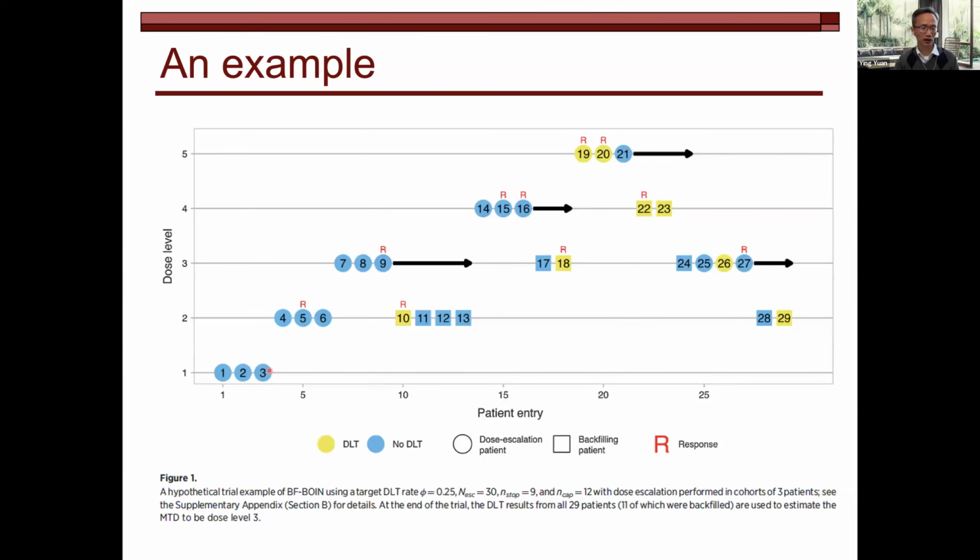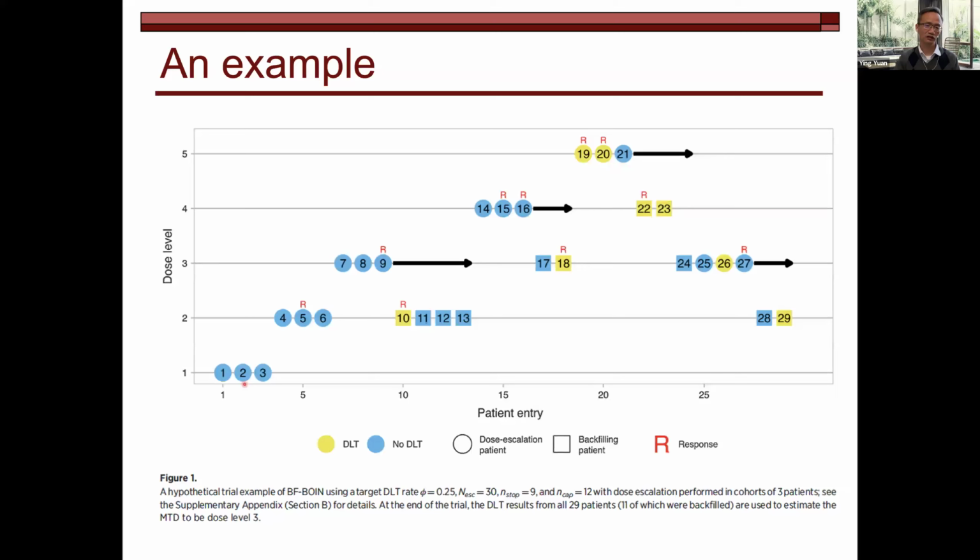The blue color indicates the patient has no DLT, and green means the patient had a DLT. Also, when you have backfill, you have 2 processes, so we use a different shape to indicate the patients used for dose escalation, which we call dose escalation patients, and backfilling patients are represented by squares. R indicates response. Recall that when a dose is eligible for backfill, we require that dose to show certain activity, so here we use response: that dose must have 1 observed response.